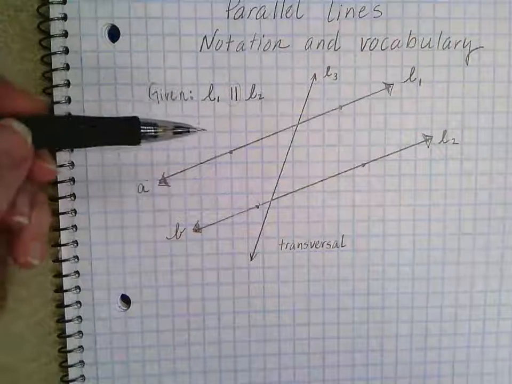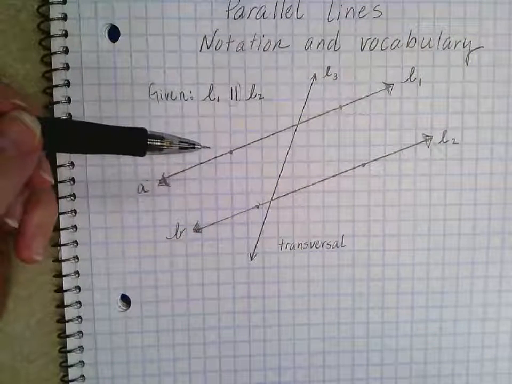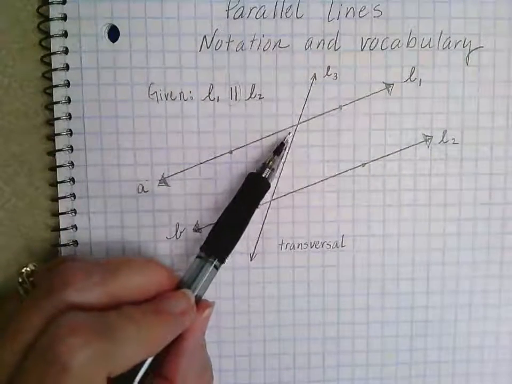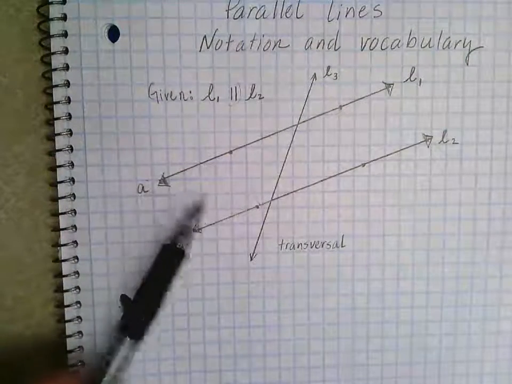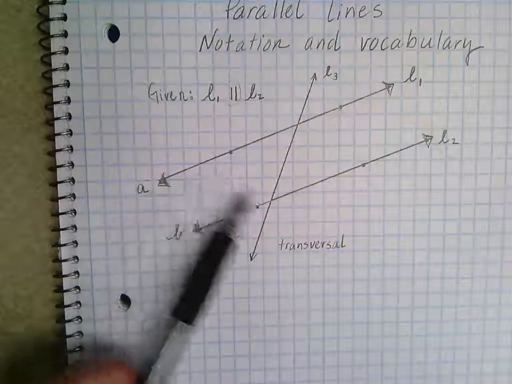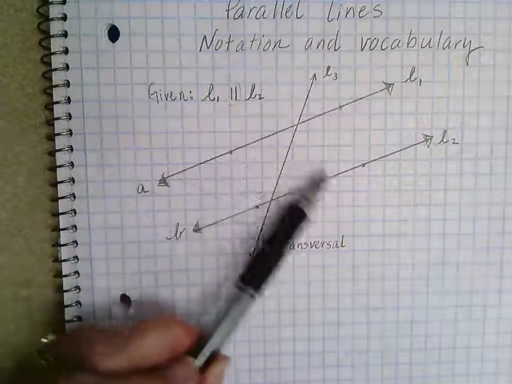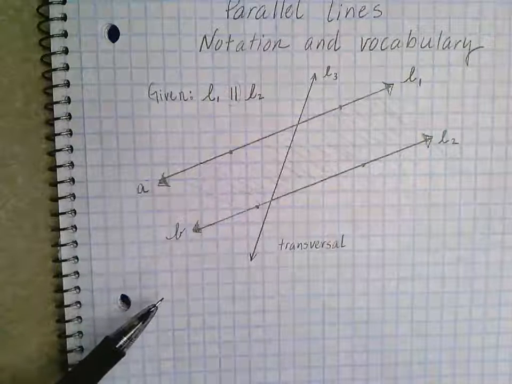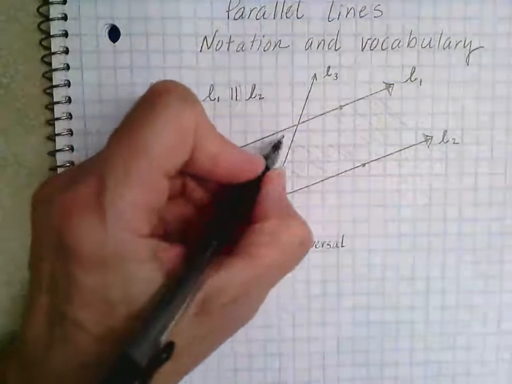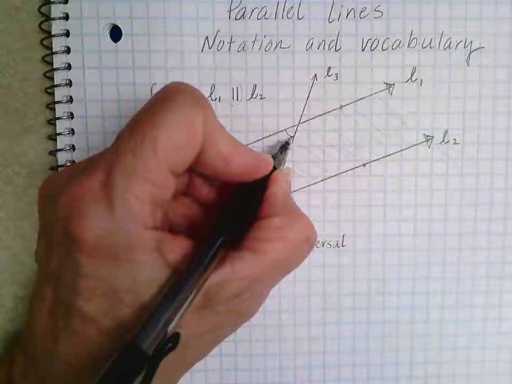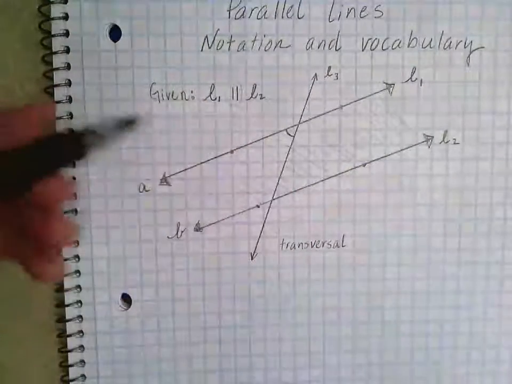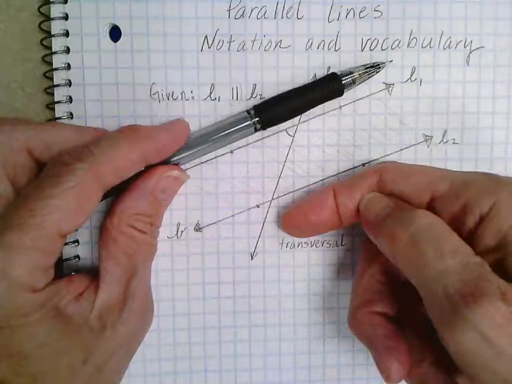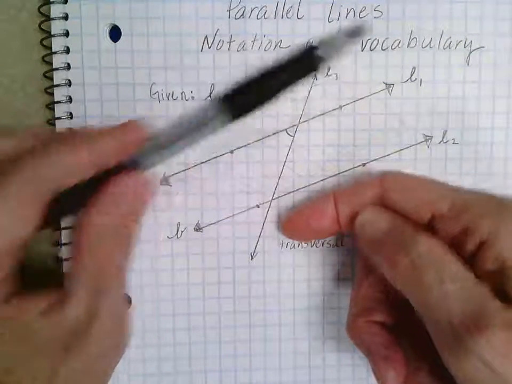Finally, angles. Angles that are created by this transversal are referred to as interior angles, and those are the angles that come between the two parallel lines. So this angle right here would be an interior angle because it lies within the boundaries of the two parallel lines.